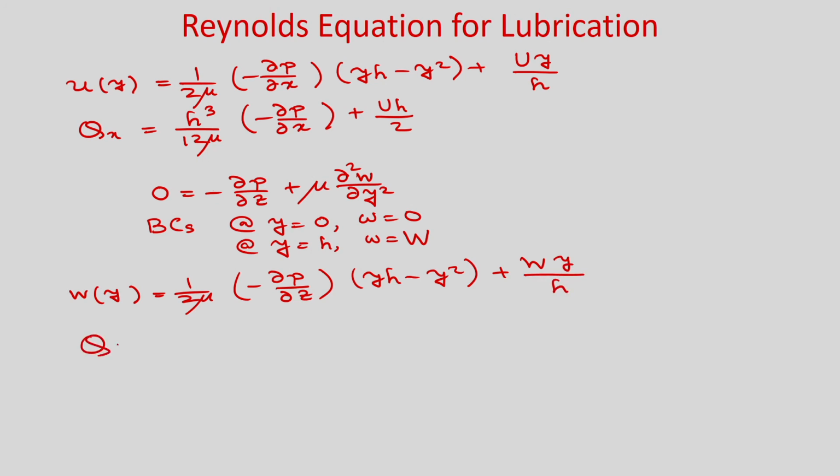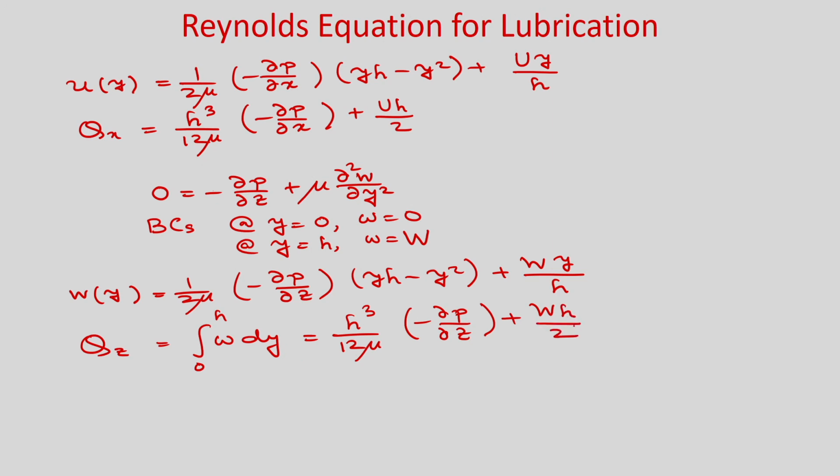Similarly, you can write the volume flow rate at any location z as integral 0 to h of w dy, which is equal to h cube by 12 mu times minus del p by del z, plus W h by 2.